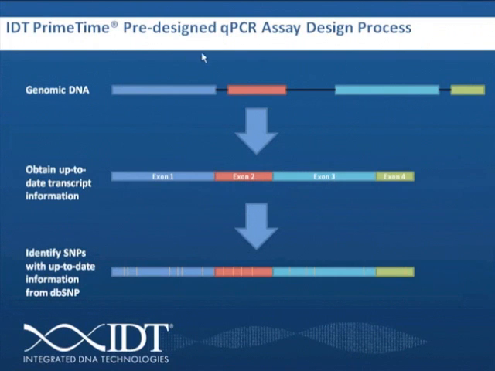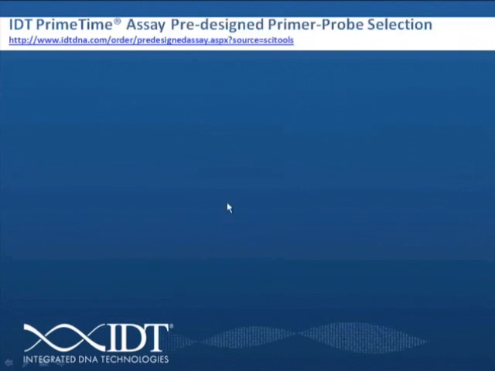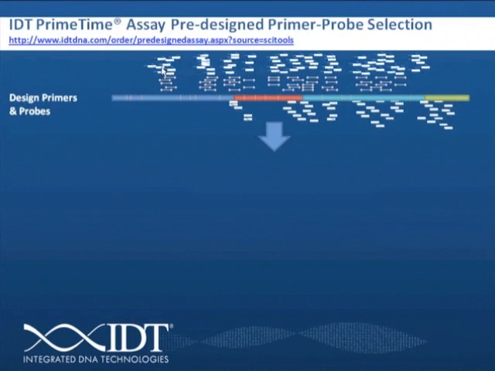So basically, our design tool correlates the gene tables with the RefSeq information and is able to then map all the exon junctions as well as the different variants possible, and finally map the SNP sites. And we then will design primers and probes and avoid any SNP sites that are there.